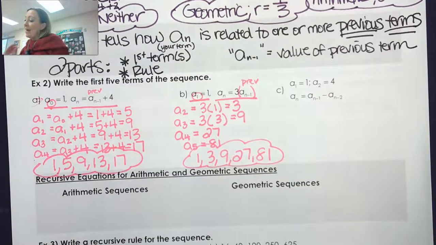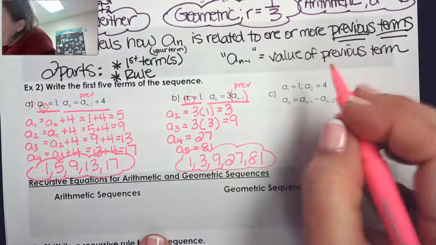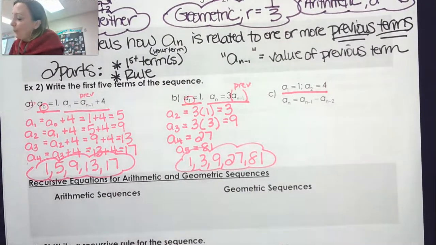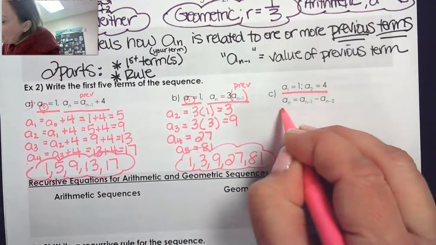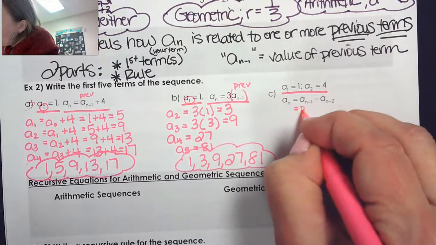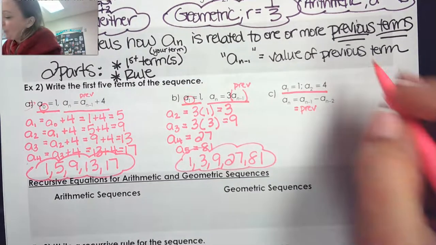Okay. Now in this one, I want us to look at this. We have 2 terms that are given, and the reason is because this rule right here is taking a sub n minus 1, which is the previous term. What do you think a sub n minus 2 means?